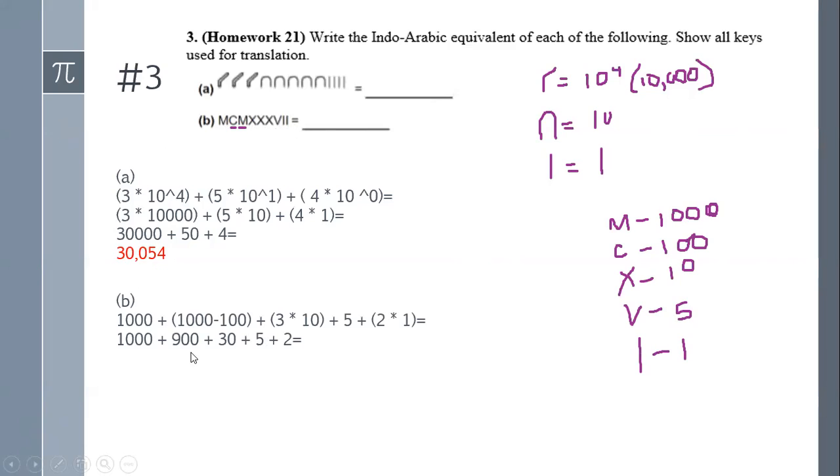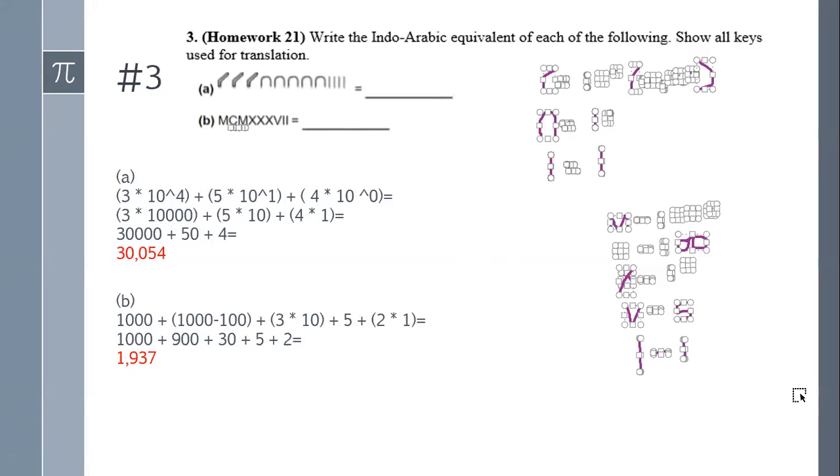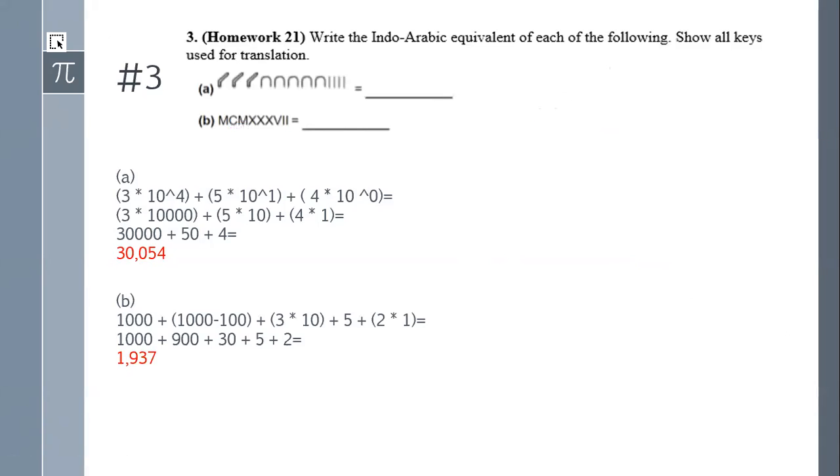So 1,000 plus 900 plus 30 plus 5 plus 2, giving us a total of 1,937. Wasn't too hard now, was it? Right, moving on.